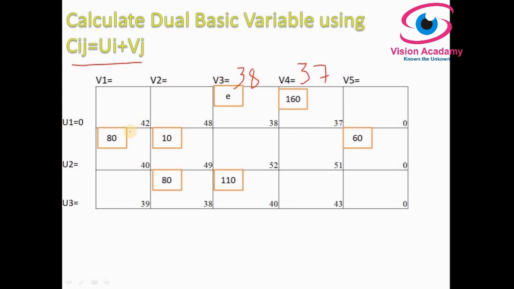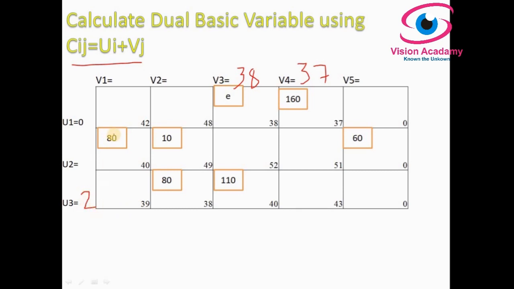And you can't find the u2 value because there is no value for u1 and v1. This also can't be found now, but we can find this value because we have one value here. So u3 Cij value is 40 and v3 value is 38. It means u3 is 2.